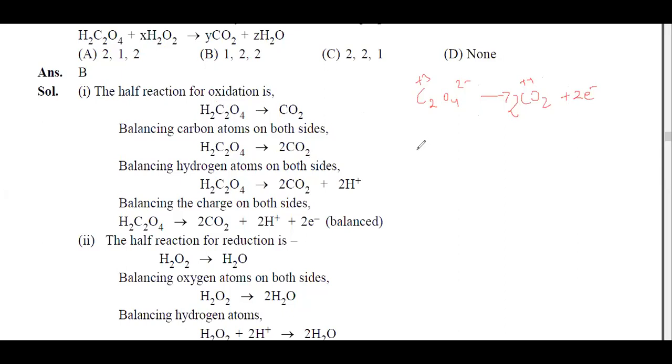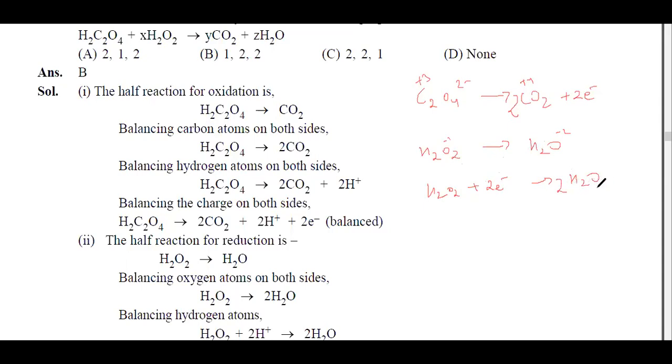Next one is H2O2 converting into H2O. Electrons, again, it is -1, it is -2. So H2O2 plus 2 electrons will give you H2O. But again, oxygen is not balanced. So what do we have to do? Add 2 H2O.